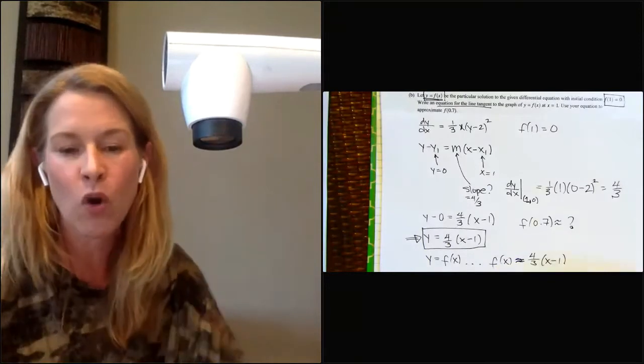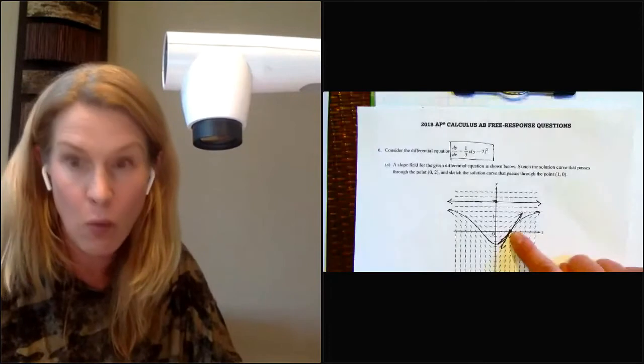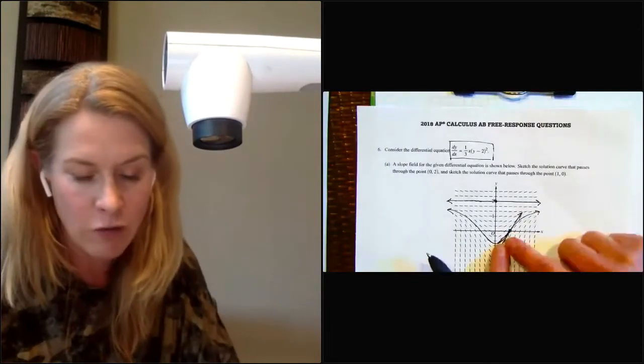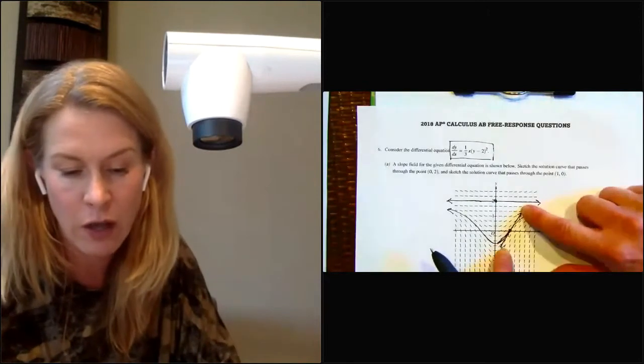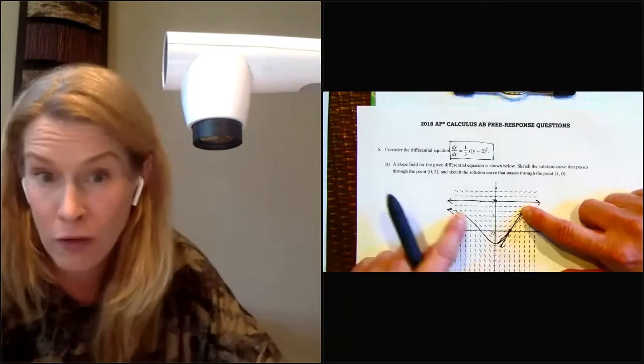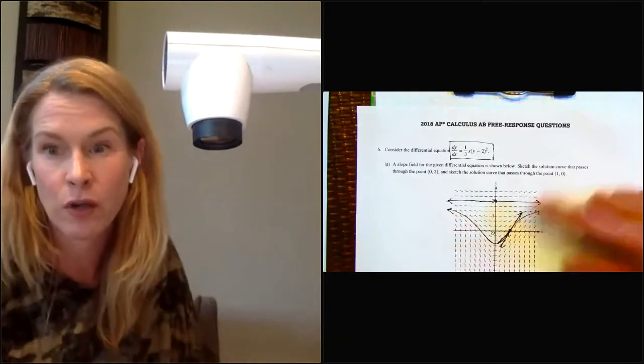This is only going to work really close to in and around that 1, 0 point. This linear approximation, this tangent line, is not going to be a good approximation way over here, just in that little neighborhood.